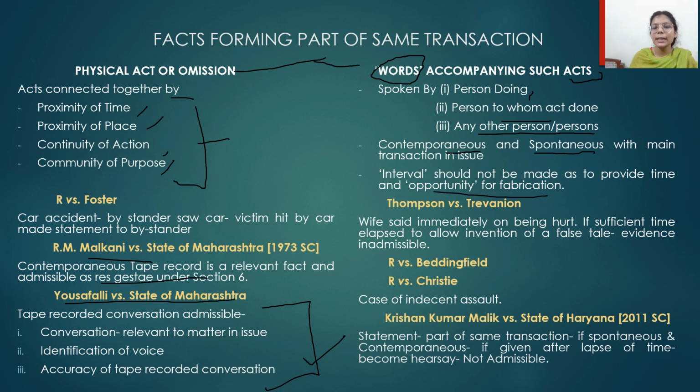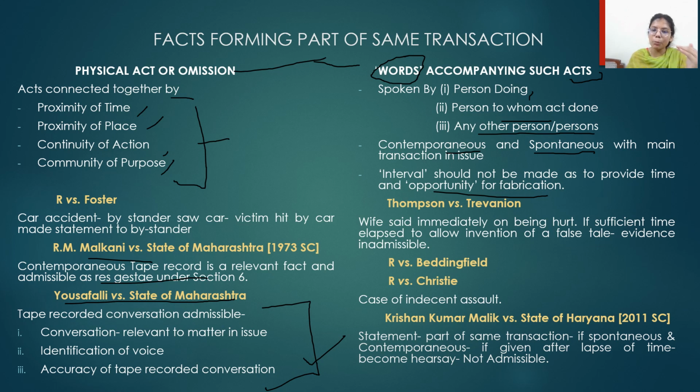There was a famous case, Thompson versus Trevanian, in which a wife was being assaulted by her husband, and immediately on receiving the hurt, she called the police helpline. This whole transaction was considered relevant as it formed part of the same transaction.